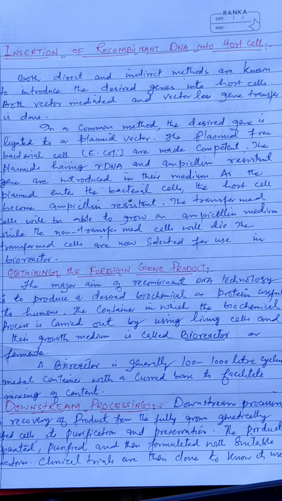And in another step, we inserted that desired gene into a vector, that's a plasmid, to make a recombinant DNA.